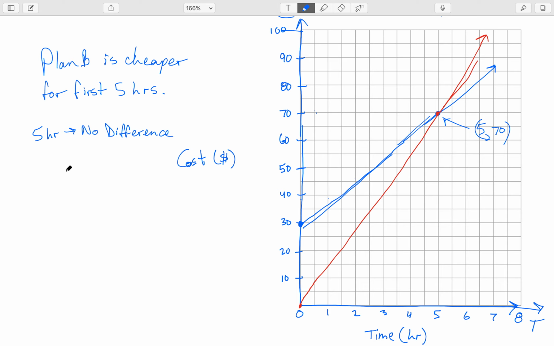But beyond 5 hours, plan A is cheaper. If you're just going out for a few hours, the red one is the cheaper one. If you're going out for an entire day, more than 5 hours, then you want to go with plan A.